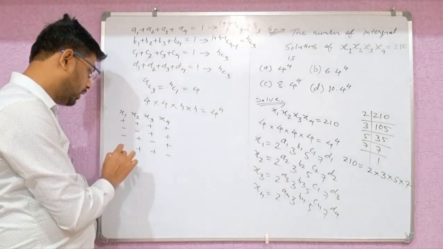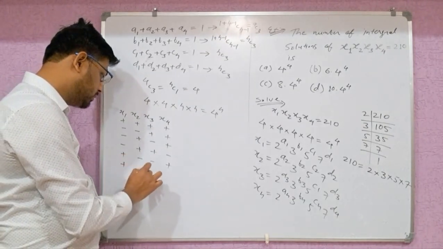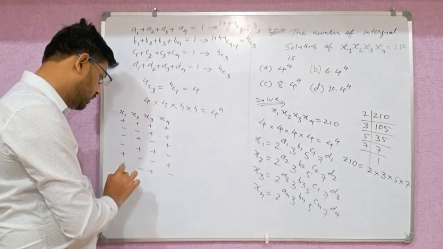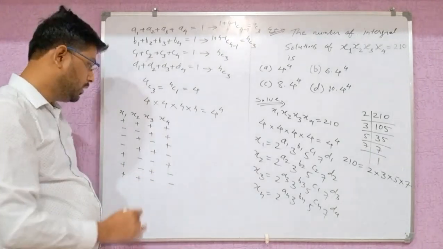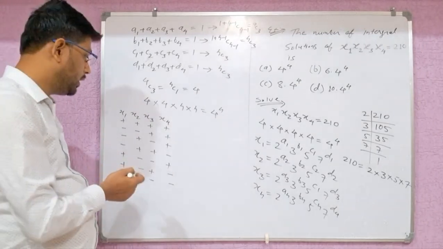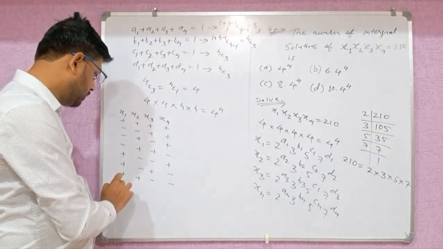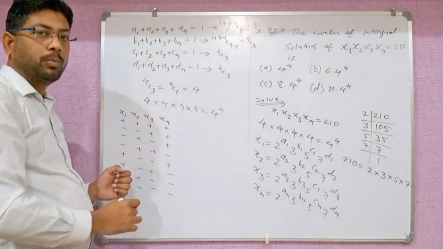Then I am taking second and third negative, then second and fourth negative, and then the last 2 negative. These are all possible combinations when 2 numbers are negative. Or all 4 can be negative. So these are all possible cases.